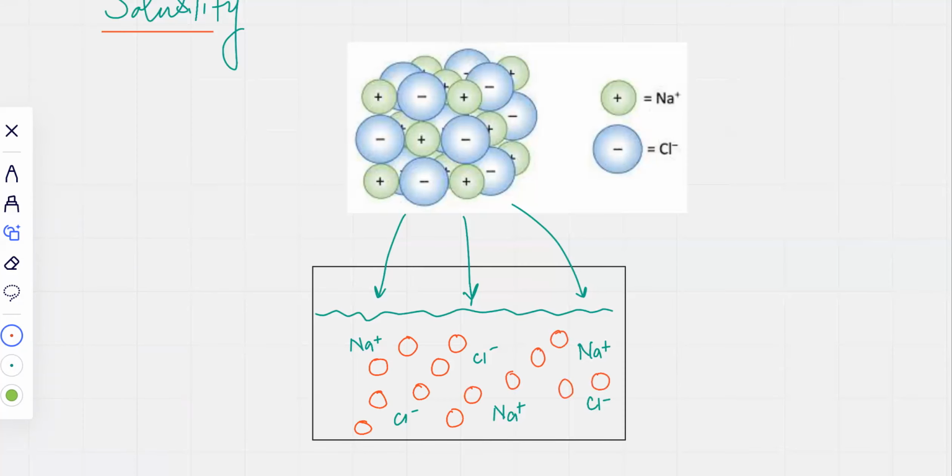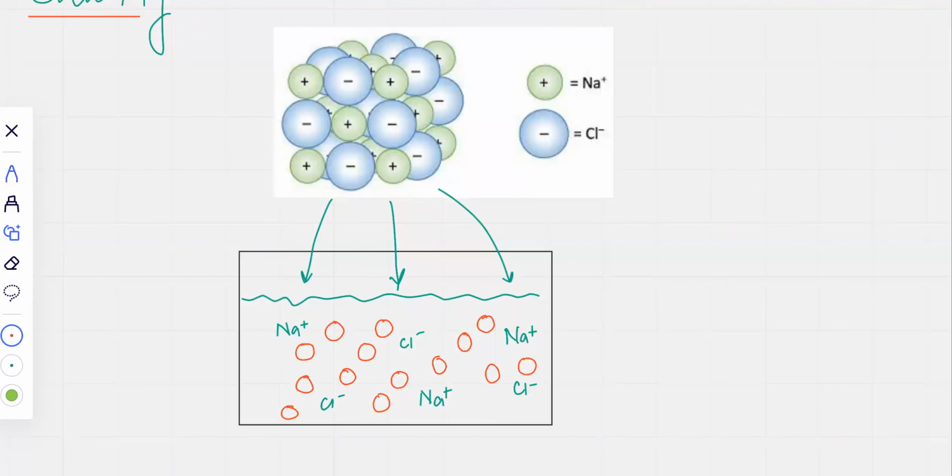Remember, this not only applies to ionic compounds, but a lot of compounds. Ionic compounds dissociate. When you stir them vigorously with a spoon in water, all these ions which were previously sticking together because they're attracted to each other will fly off in different directions. So ionic compounds get scattered, but you're not going to use the word scattered. The scientific term you're going to use is that they dissociate.